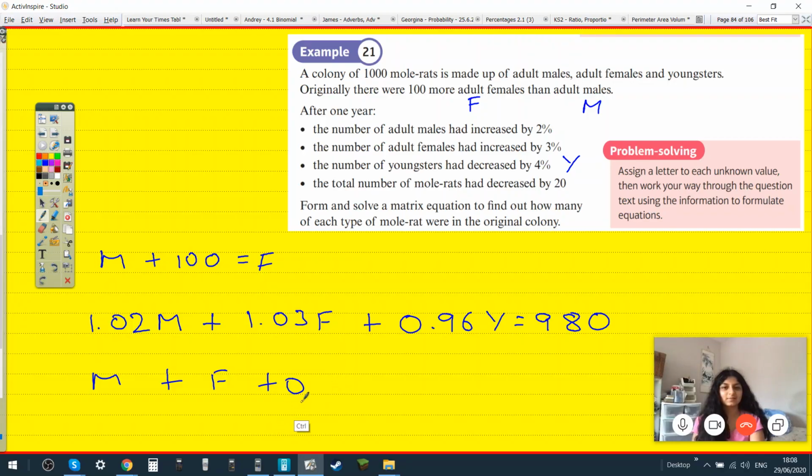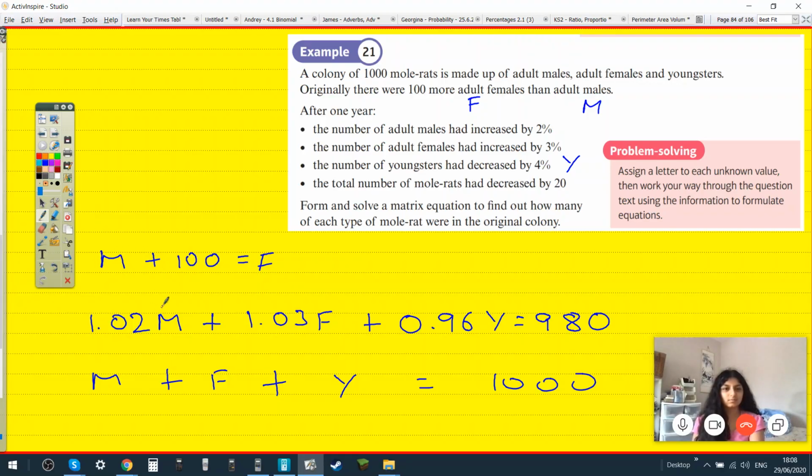Yeah, you're right. So let's call y the number of youngsters initially. So is that a third one then? Males plus females plus youngsters is 1,000. Yep. But in the first one and the second one, you can substitute m plus 100 is equal to f. So then you get rid of f.